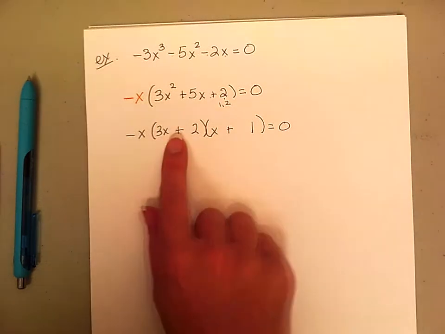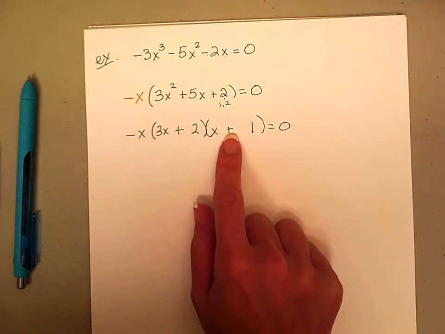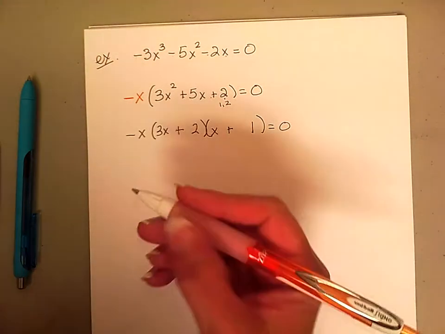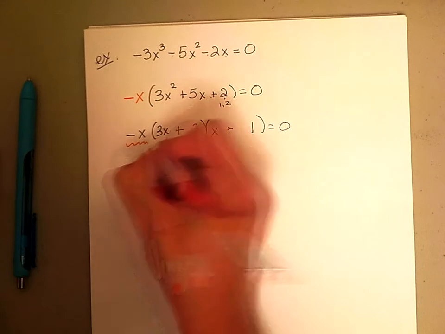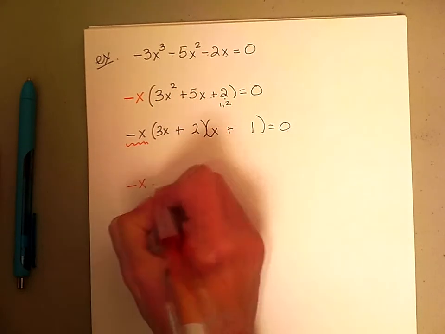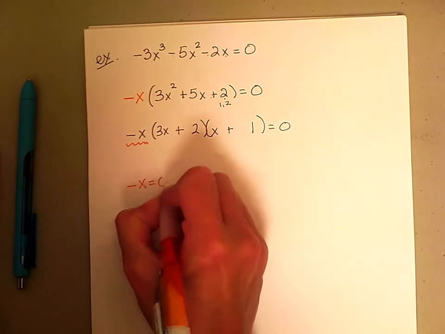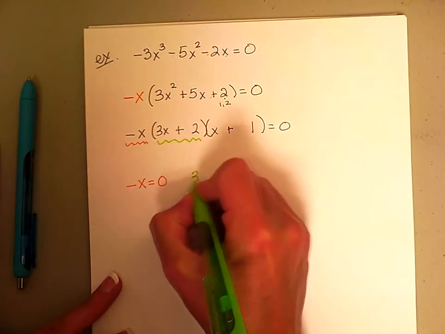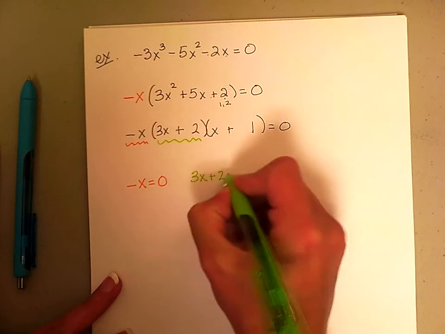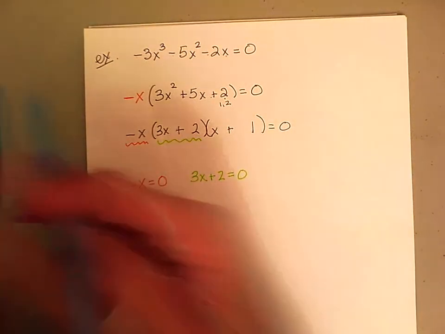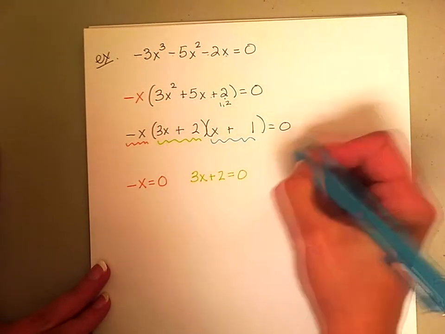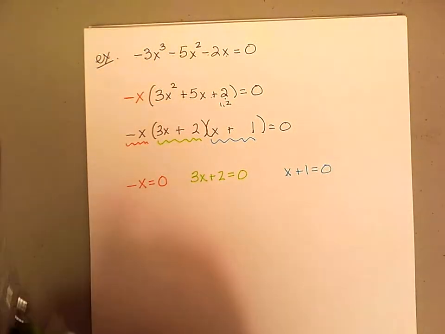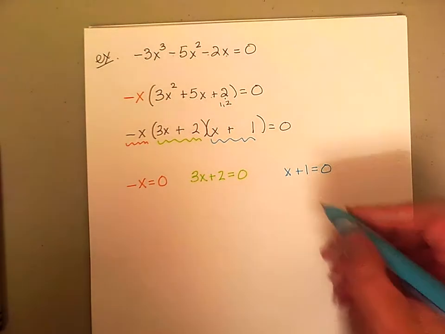Now we have multiple things being multiplied together to equal 0. And it doesn't matter how many we have. As long as they're equal to 0, it's either that the first is equal to 0, or that the second is equal to 0, or that our third factor is equal to 0. And we can solve these.